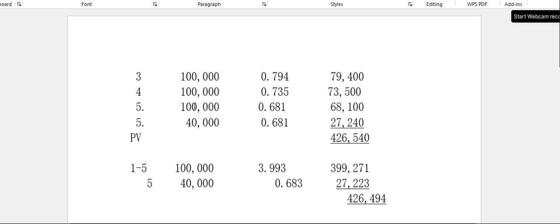So the annuity formula is 1 minus, let me write it out, 1 plus r raised to power minus n, all of them divided by r.